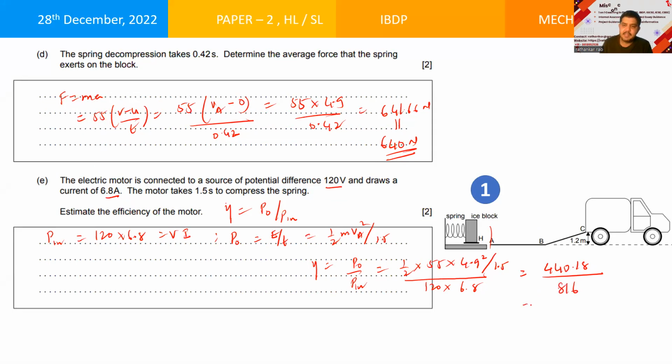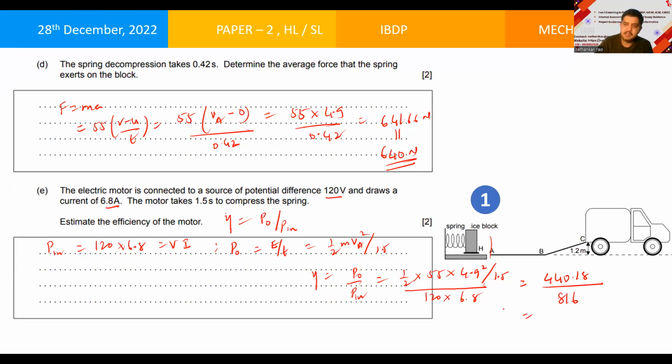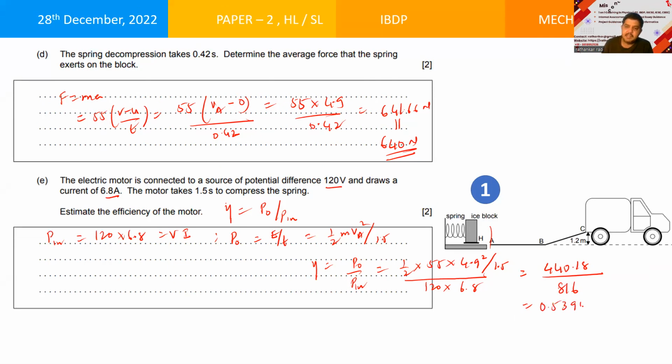So when I calculate this, how much do I get? Nearly 50% I get. Let us see what it is. 440.18 divided by 816 is 0.5394, which is close to 54%. Okay, the efficiency of the motor is seen to be 54%.